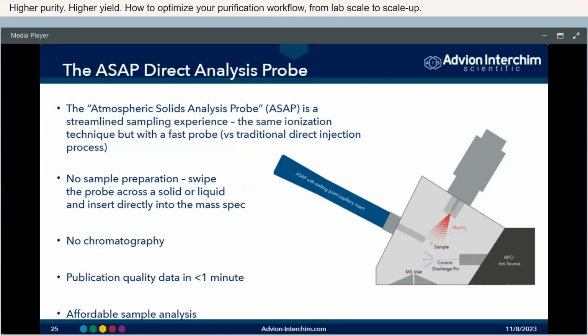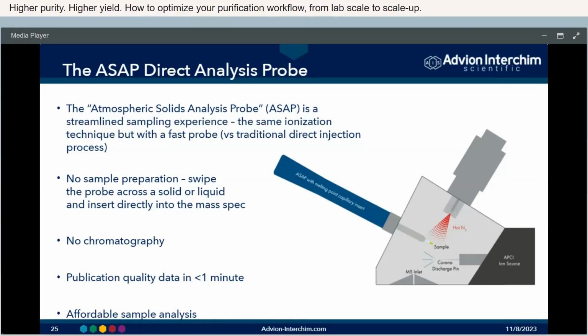A hot nitrogen gas stream will come off and disassociate the compounds from the glass capillary, and then the corona discharge pin will allow the APCI ionization mechanism, and then straight into the mass spec.